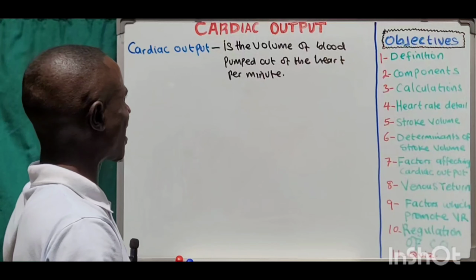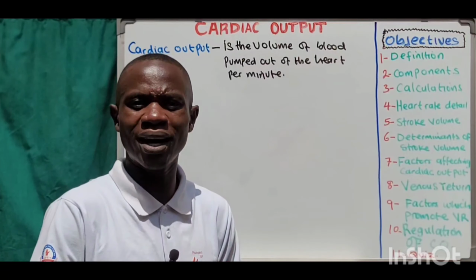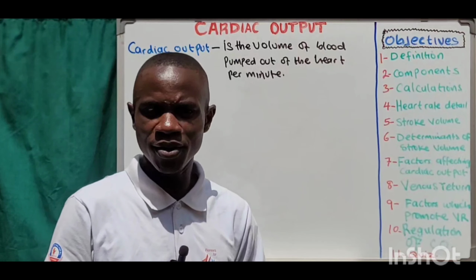What do I mean by this? Every minute which passes, we want to see the volume of blood which is pumped out of the heart, which is what we call the cardiac output.